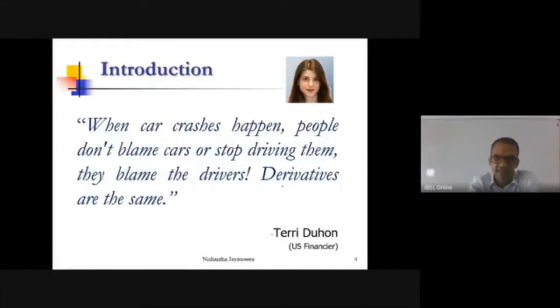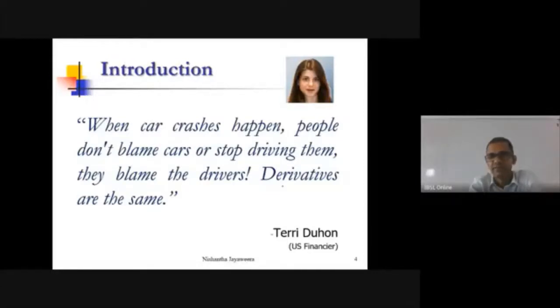In Sri Lanka, we have experience. You might know about the hedging transactions done by CPC. We have a bad experience. The thing is, we have to use the correct product at the correct time in the correct manner. If you don't do that, there will be bad results.